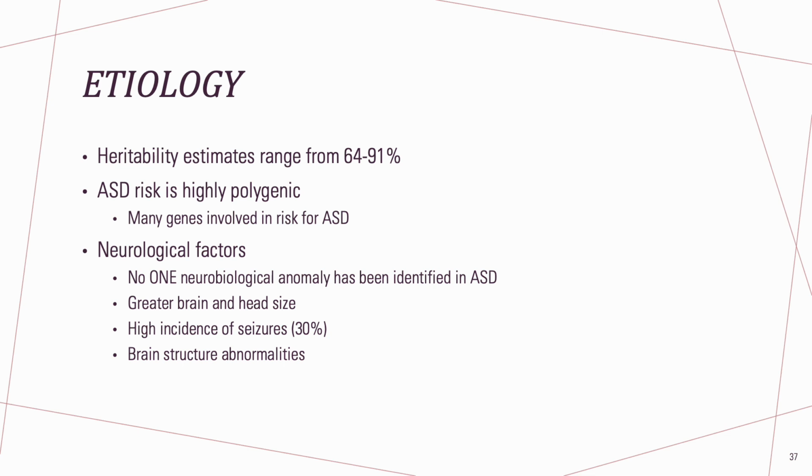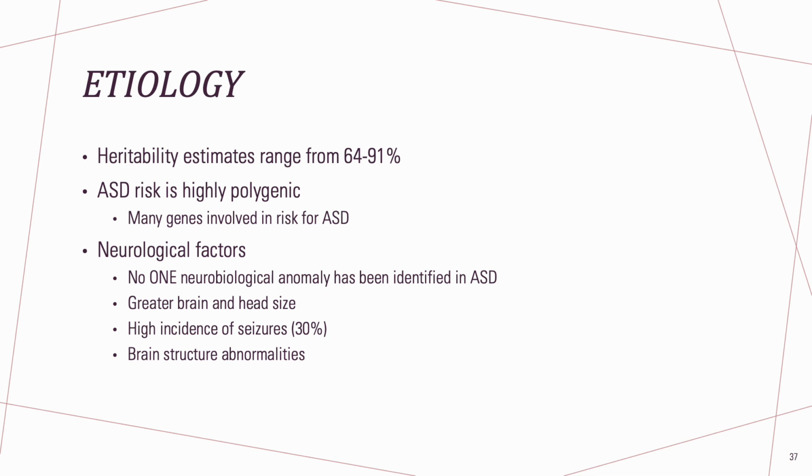So heritability rates are quite high, and they range from about 64 to 91%. We know that ASD risk is highly polygenic, which means that there are many genes involved in the risk for ASD. So there's not one single gene in particular that is responsible for autism, and that's the case for many of the other disorders that we've been talking about.